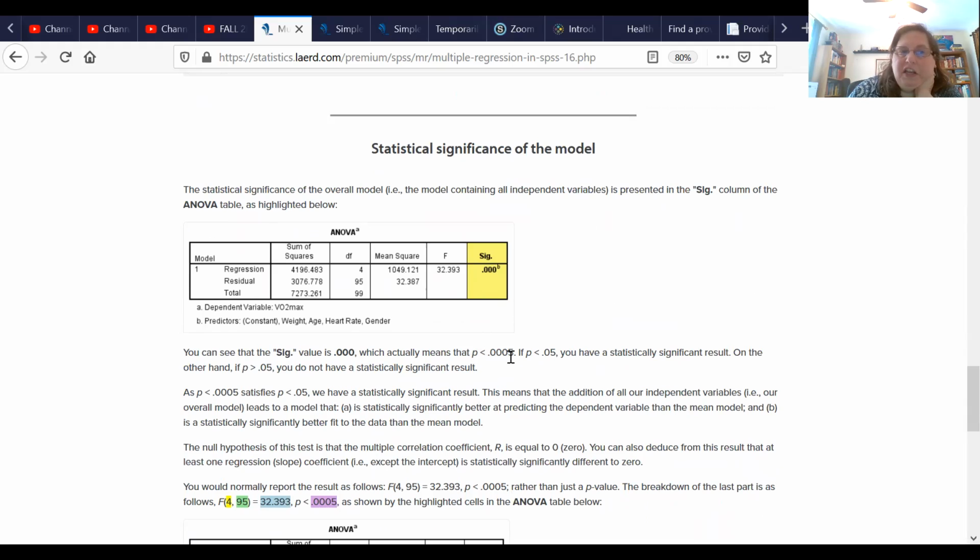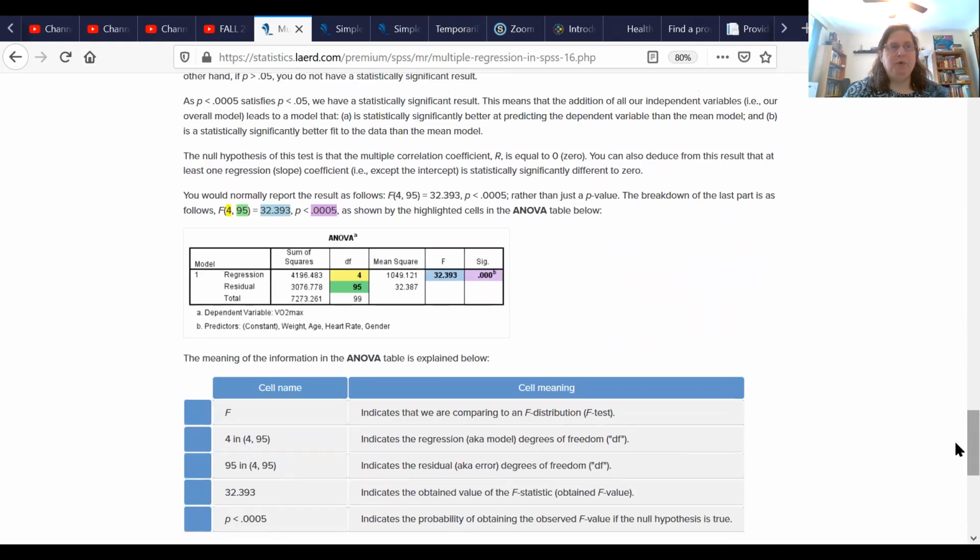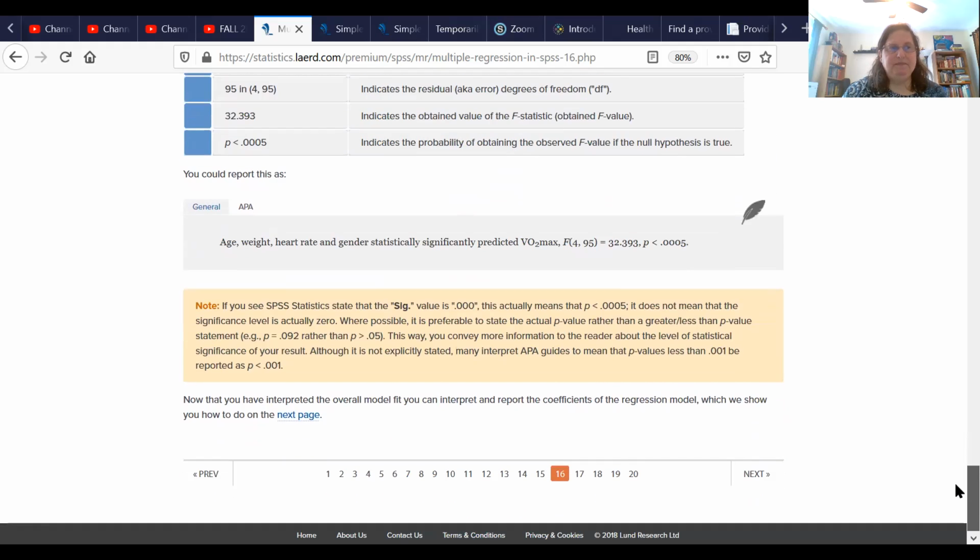They're not using APA here, so they're saying P less than 0.0005, but we're going to use APA and say P less than 0.001. And just to show you how you would report this, F parentheses 4 comma 95 equals the F value 32.393, P less than 0.001.